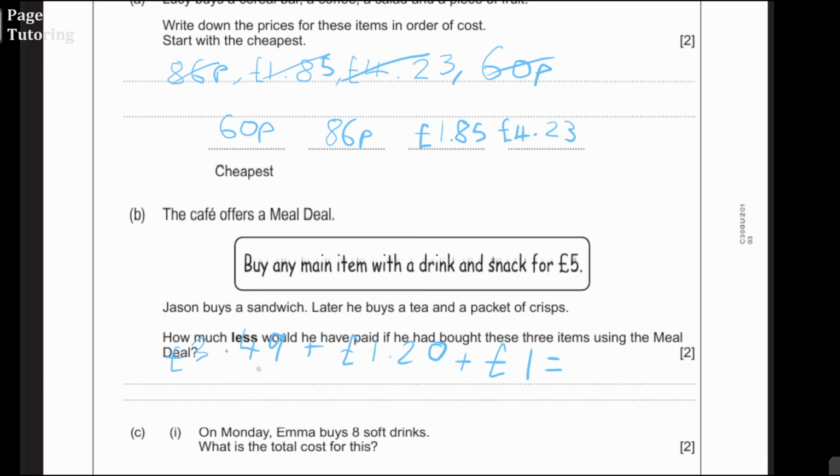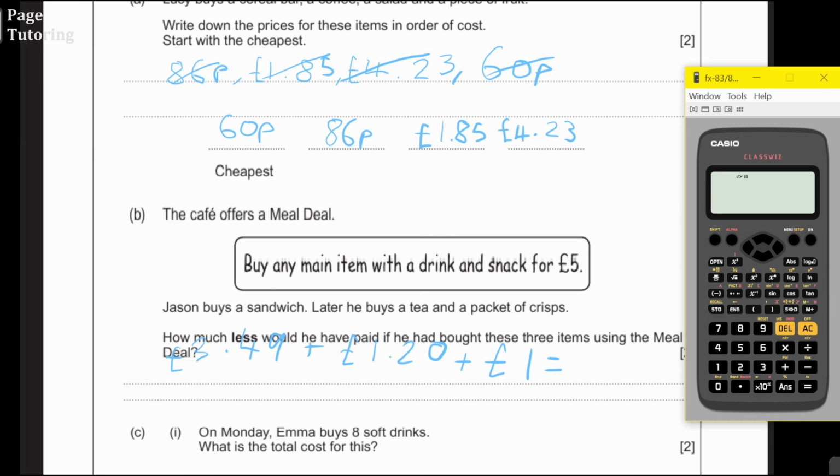This is a calculator paper, so feel free to just go straight to your calculator and start plugging things in. So £3.49 plus £1.20 plus £1. It's come out in fraction form, and you should know how to change the format on your calculator. So on this calculator, it's just this button here. So that's £5.69.